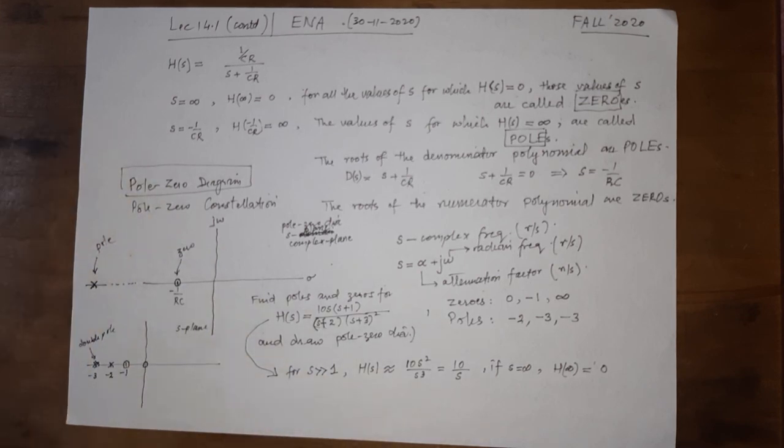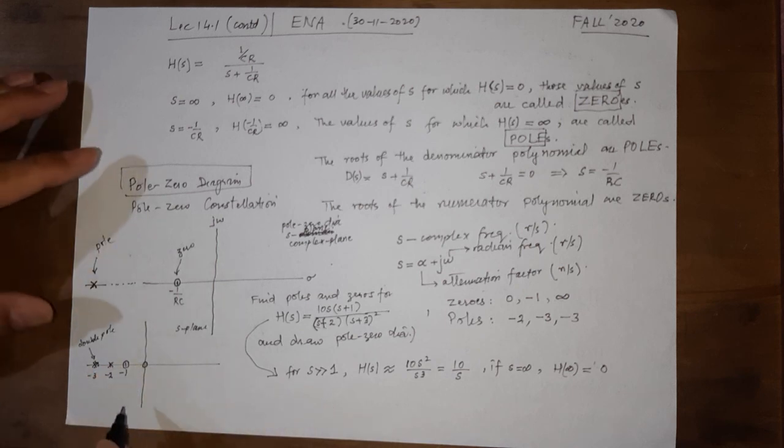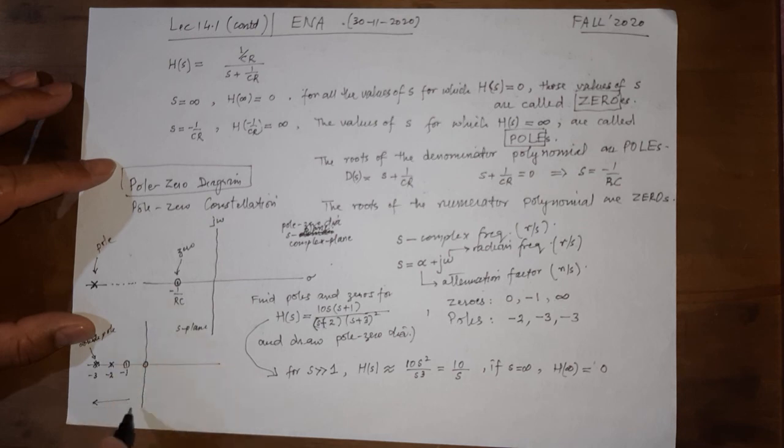Till now you should just know that there are zeros and poles. What is the significance of knowing where we have a pole and where we have a zero? We will come to that later on. One thing you will soon come to understand and appreciate is that most of the time the poles that we encounter for practical systems would lie on this side of the vertical axis, and we call this the left hand plane, and this one the right hand plane.